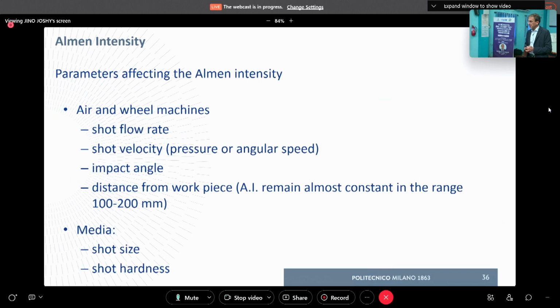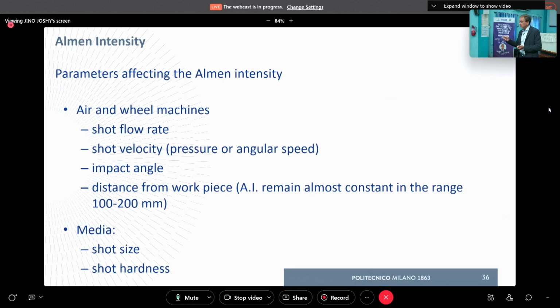Okay, let's proceed now. The concept of Almen intensity should be clear. And now let's see which are the parameters that affect the Almen intensity. I'm referring to both air and wheel peening machines. The shot flow rate, of course, is influencing the Almen intensity.